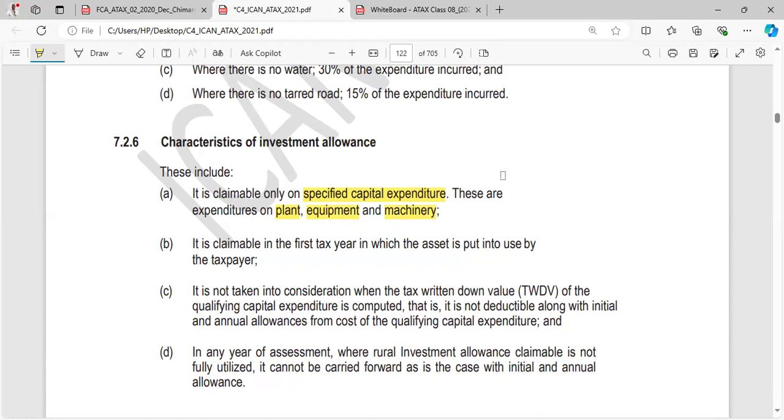Sometimes you see plant and equipment or plant and machinery. Now take note, equipment is different from office equipment. Equipment here has to do with tractors and other earth moving equipment. Office equipment could be like furniture. These are two different things.